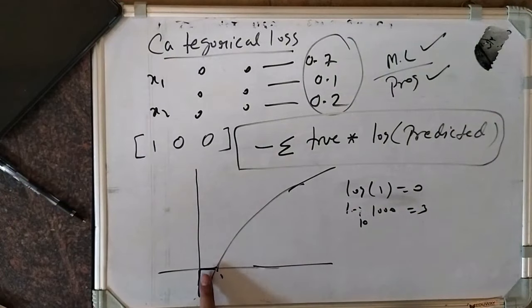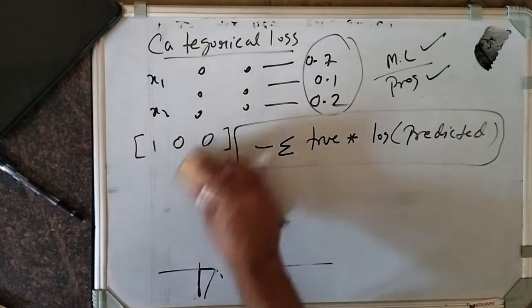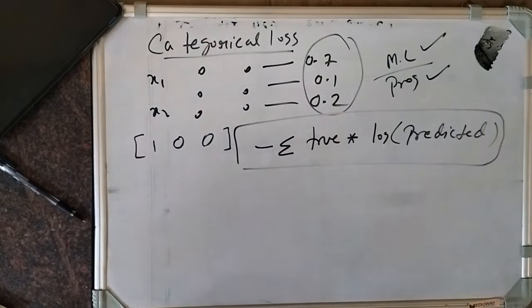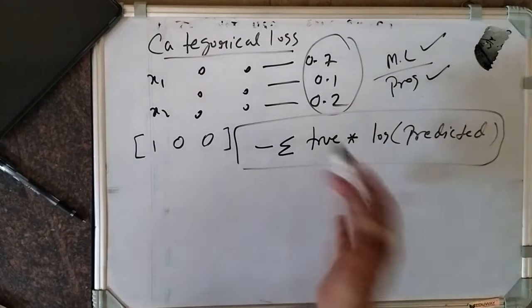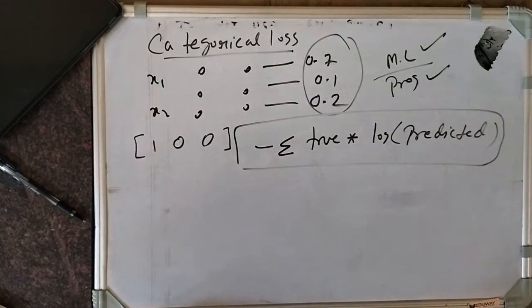Now, what about in between? This is the question. Because of this, we are taking minus, so minus into minus is equal to plus. I think you understand. We will not discuss this if you already know the mathematics. So now we are just going to here.